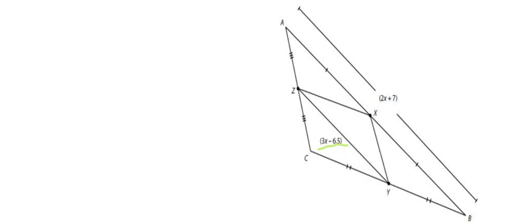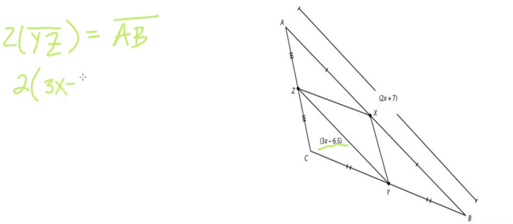So I'm going to take that side length, YZ, and double it, 2 times YZ, and that's going to give me the value of AB. So that's 2 multiplied by 3x minus 6.5 is equal to 2x plus 7.